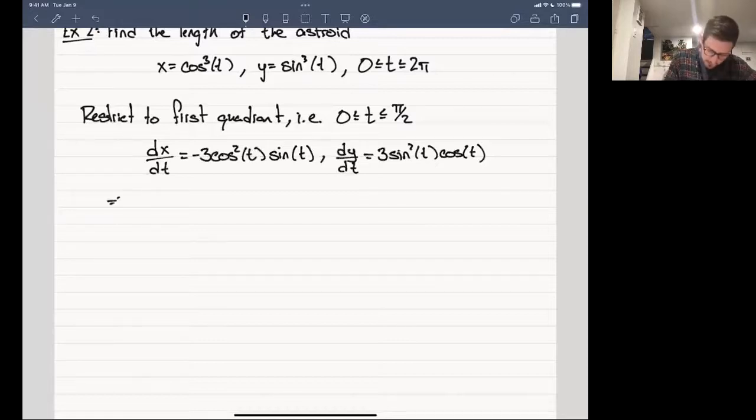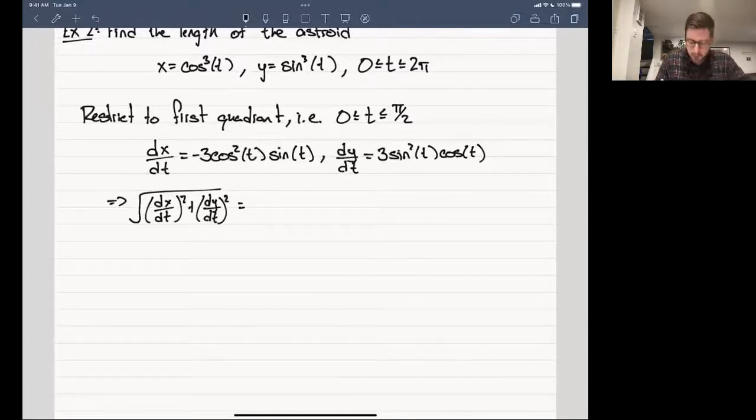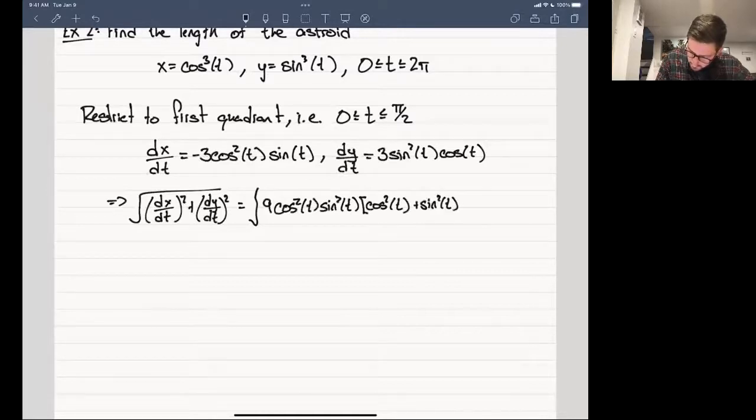And so in this case, we get the square root of dx dt squared plus dy dt squared, which, after doing a little bit of algebra, is 9 cos squared of t sine squared of t, and then after factoring, we still have cos squared of t plus sine squared of t, which we're all too familiar with, right?